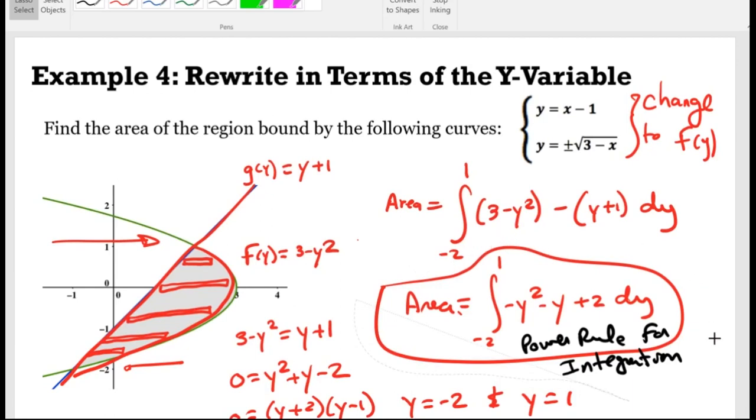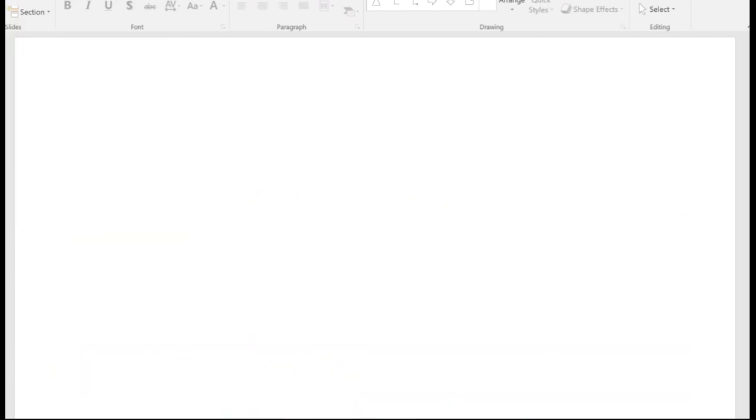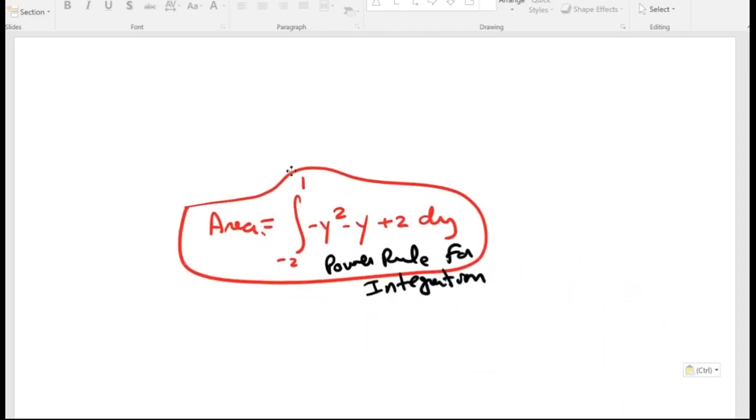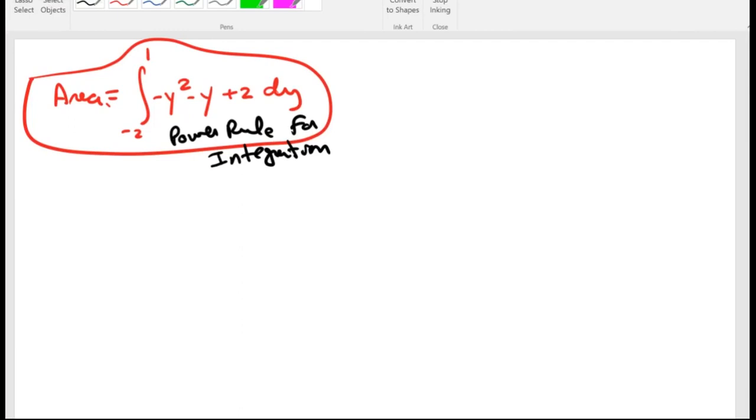So I'm going to take this onto another page so that we can work it out. And now when we find the antiderivative, we have negative 1/3 y cubed minus 1/2 y squared plus 2y from 1 to negative 2.